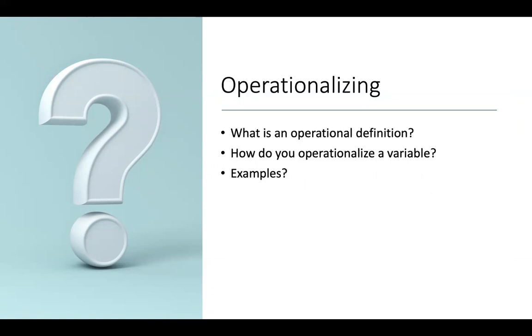How are you going to operationalize anxiety? That is the key. And so you say, well, I'm going to operationalize it by using this particular measurement. Let's say you have the Beck Anxiety Inventory, and that's how you're going to measure your anxiety. That's your operational definition of anxiety. Results from the Beck Anxiety Inventory. That's how you operationalized anxiety.